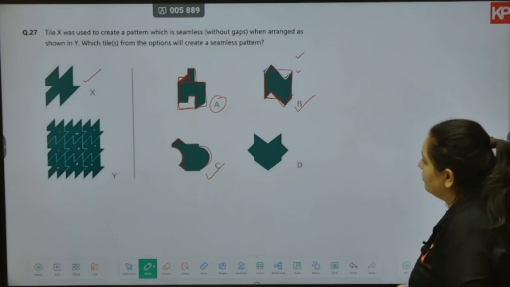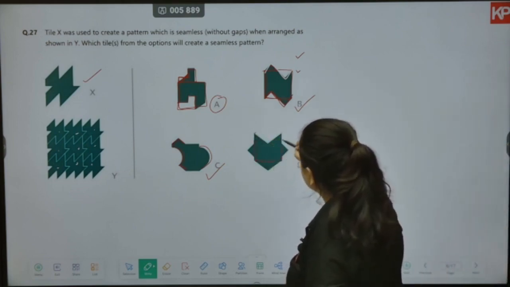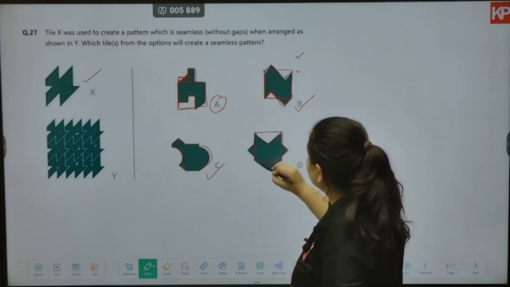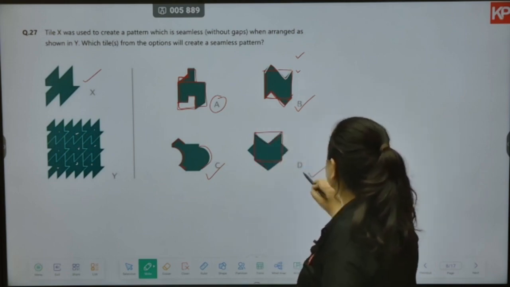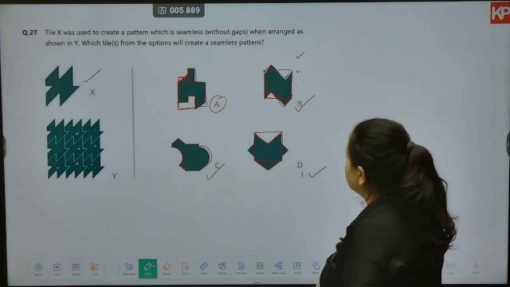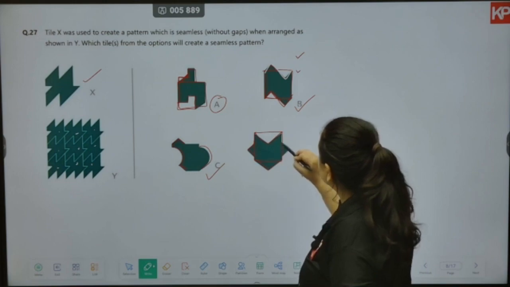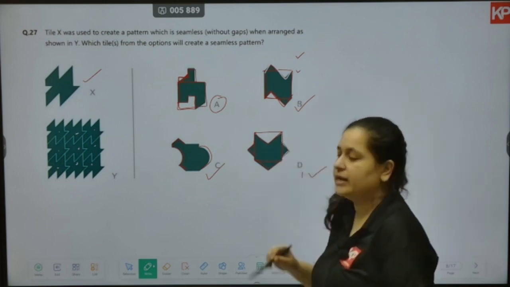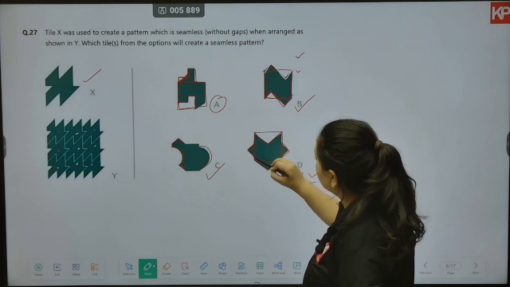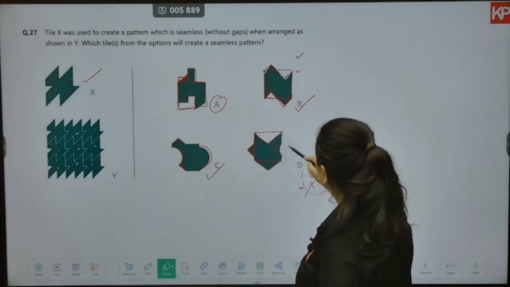Let's check for option number D. Again, let's draw a square around it. Okay, we are deducting a triangle from here and we are adding it here. Okay, it is true for this one. Now let's check what is happening at the left and the right side of this triangle. We are adding this triangle over here. We are also adding a triangle on the other side. Now this is not going to work. If we are adding one triangle on the left, we have to deduct a triangle from the right.